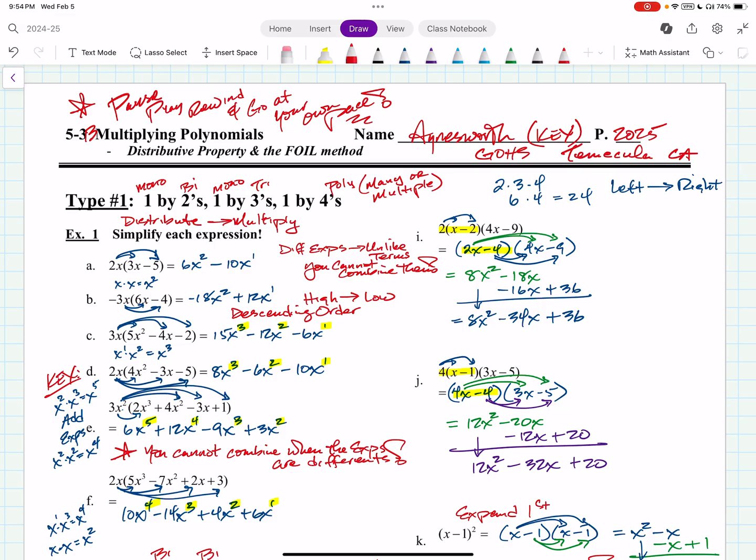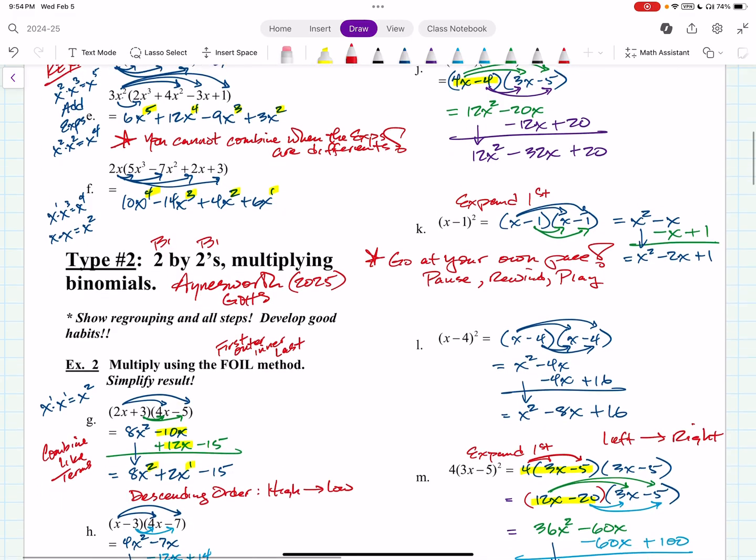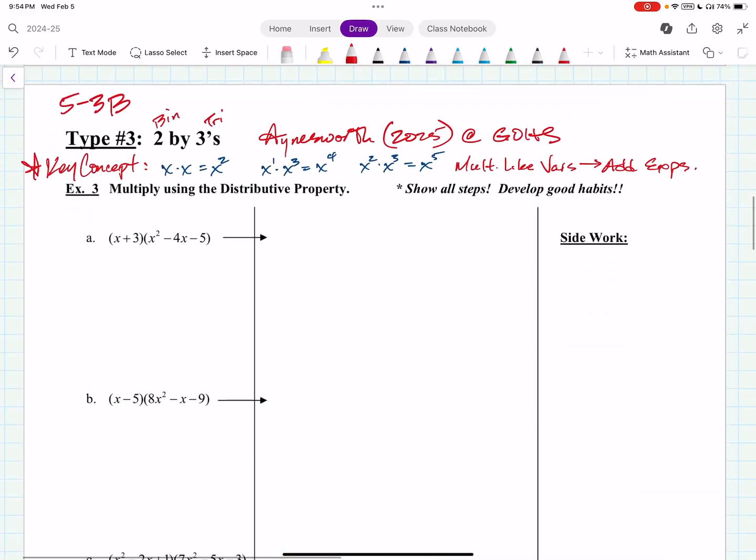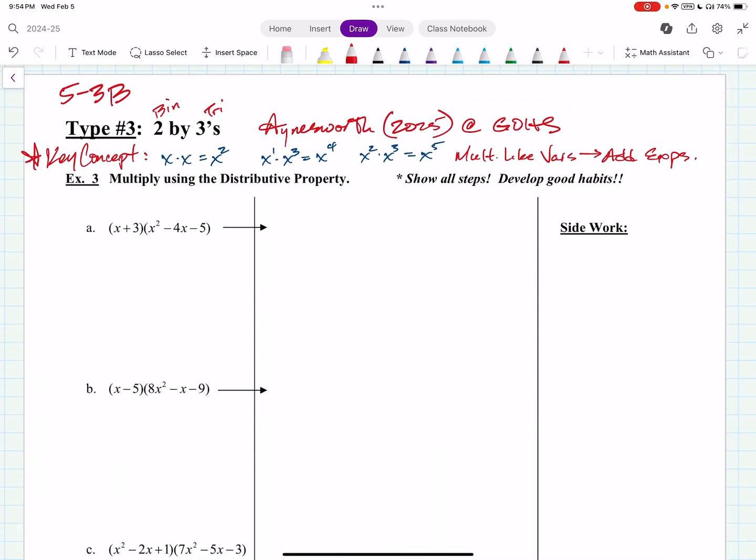When you multiply like variables, you add the exponents. It's very, very simple. So you just have to get good at it, apply the skill multiple times so you can work with the variable expressions here. And then when we get to other equation solving techniques, we can use these techniques. So it's just basic skill building.